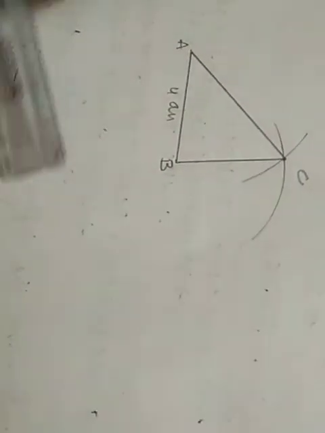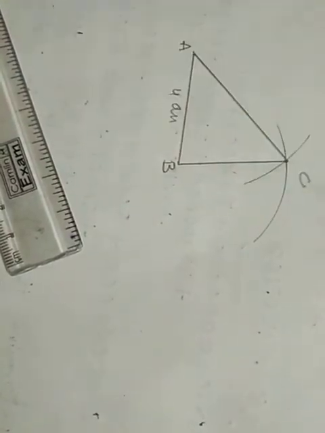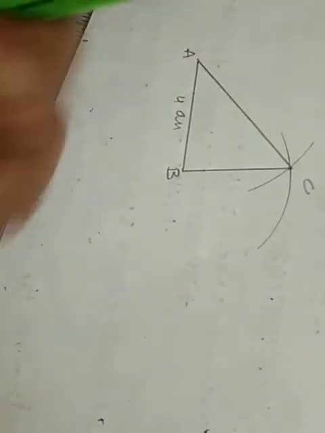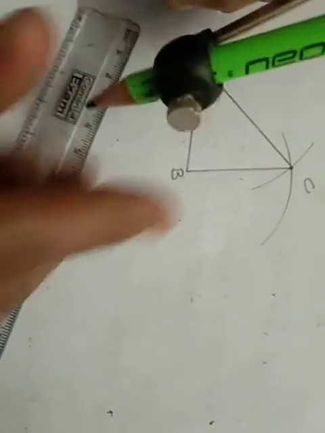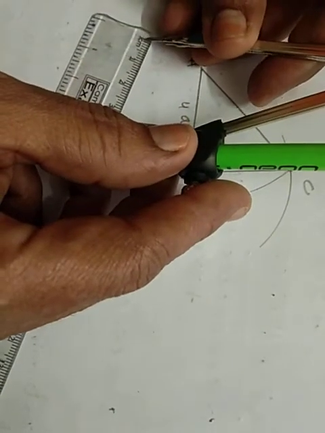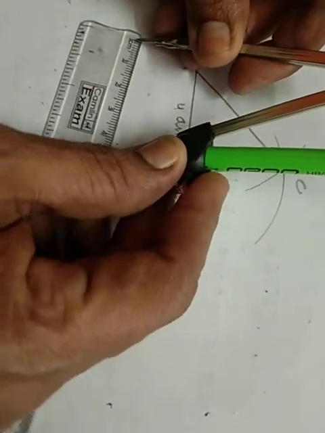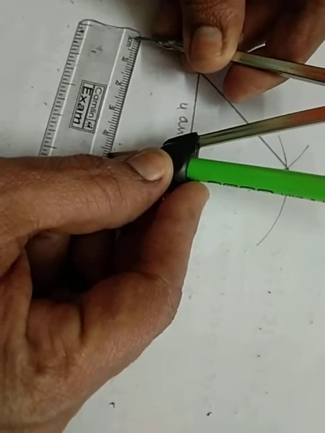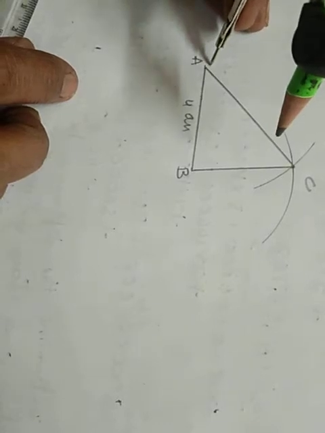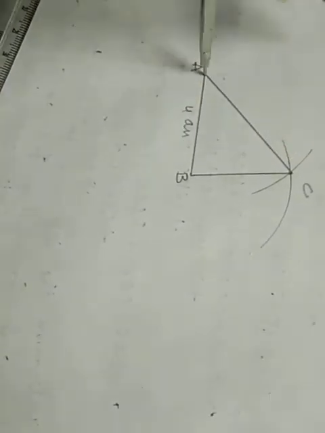So again take the radius 4.8 centimeters with the center A. So this is 4.8 centimeters. So I am drawing an arc taking 4.8 centimeters.